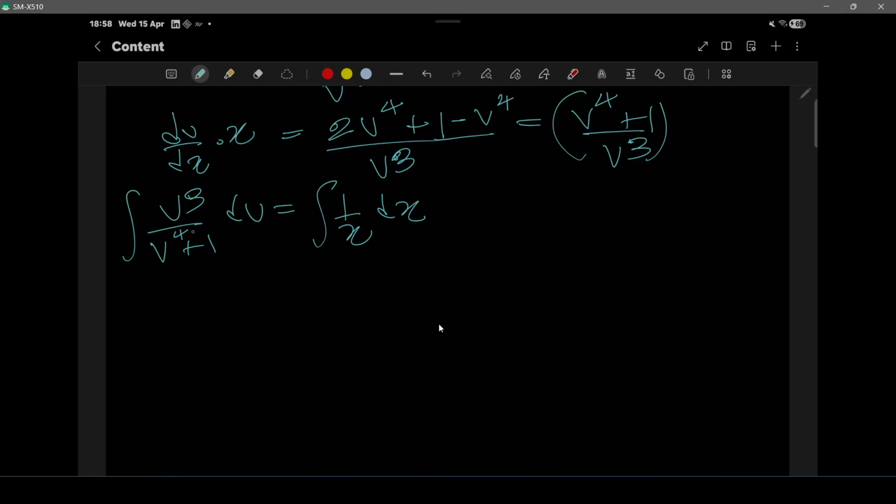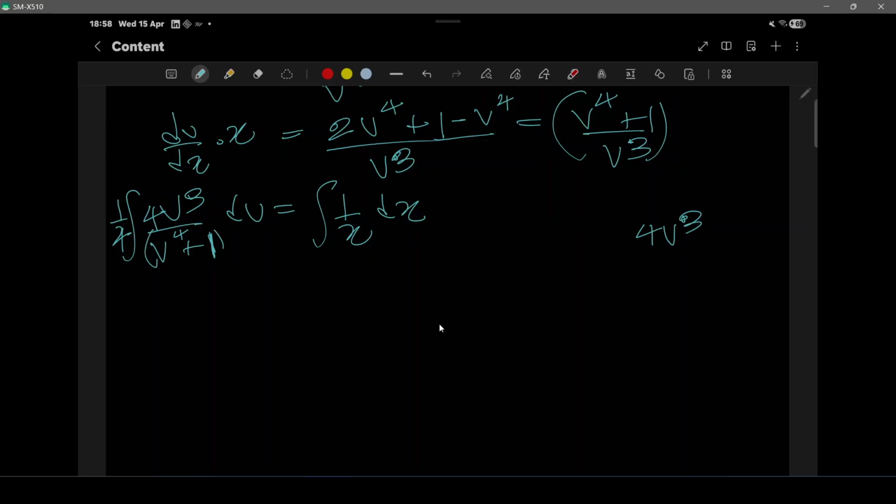This is really easy because in the previous video I told you about the differentiation of the denominator. What's the differentiation of v to the power 4 plus 1? It's like 4v cubed. So we had 1 over 4 and 4 here. So no problem.